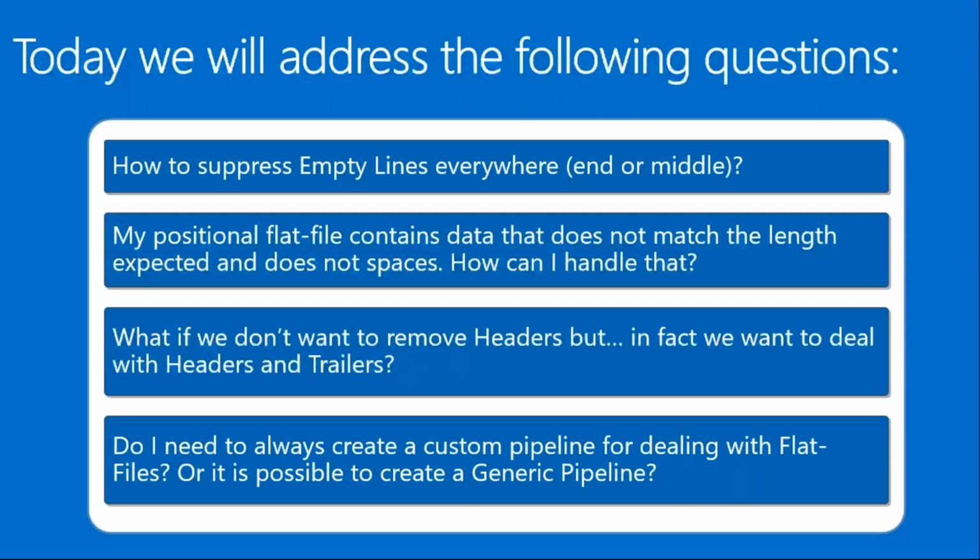So do you really need to create 100 different custom pipelines just to convert a simple schema? Or can we create something like XML receive, some generic pipeline to deal with flat files? And all of this without creating custom components or adding additional developer code, just using the standard features of BizTalk.